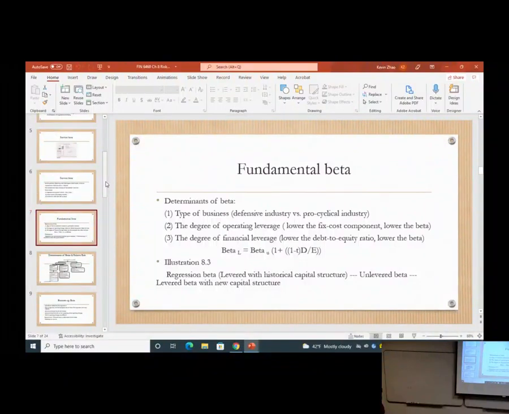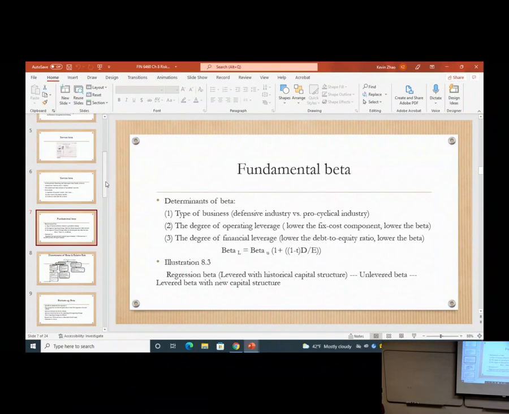And the second source of risk is its operating leverage. Operating leverage is measured by the ratio of fixed cost versus variable cost. When you compare two companies, one company has a higher percentage of cost that is fixed, and another has a higher percentage of cost in variable cost.